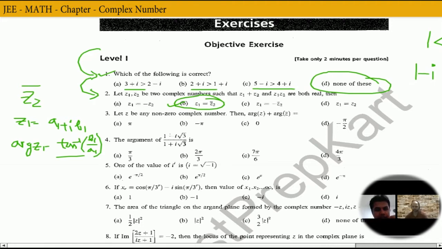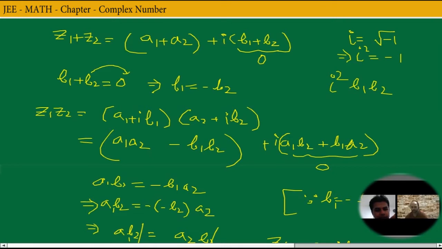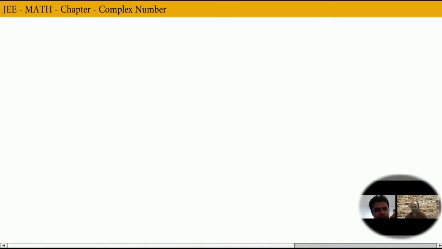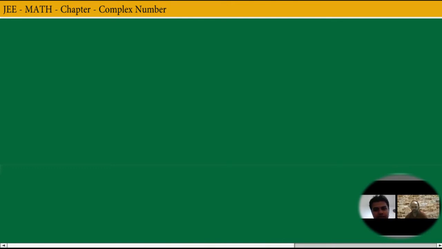I think the answer is pi. Okay, you got pi. How did you get this? Because arg z will have a value while arg z bar will have its inverse value. So when you add, make the denominator the same and cancel, you will get pi. No, first what we can discuss is one particular example, so that it would be a lot easier to discuss this.